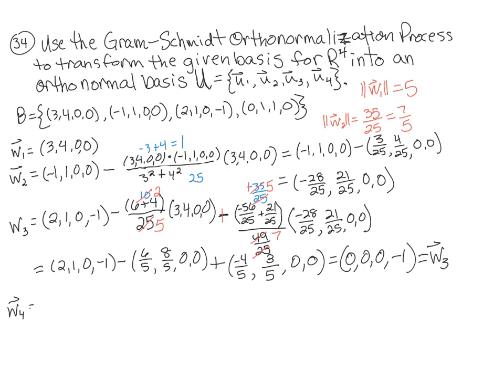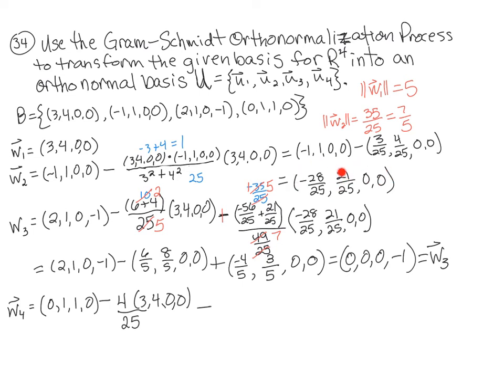W4 is the last vector in my basis, minus the dot product of this vector with my first, which is just going to give me a beautiful 4, divided by the magnitude of the first squared times the first, minus the dot product of this guy with this ugly guy right here that I found.